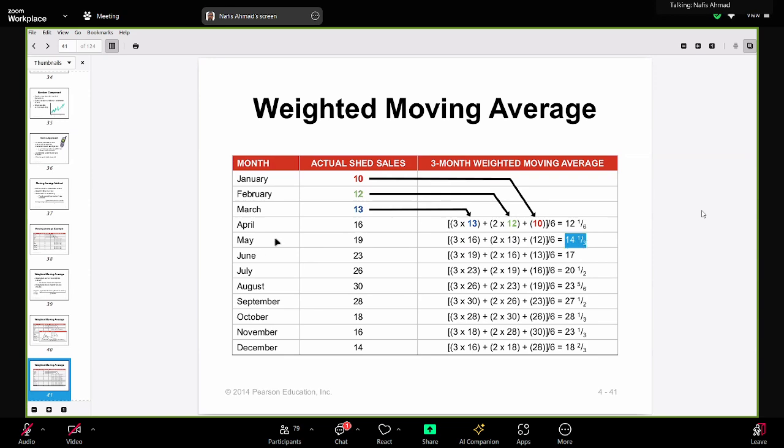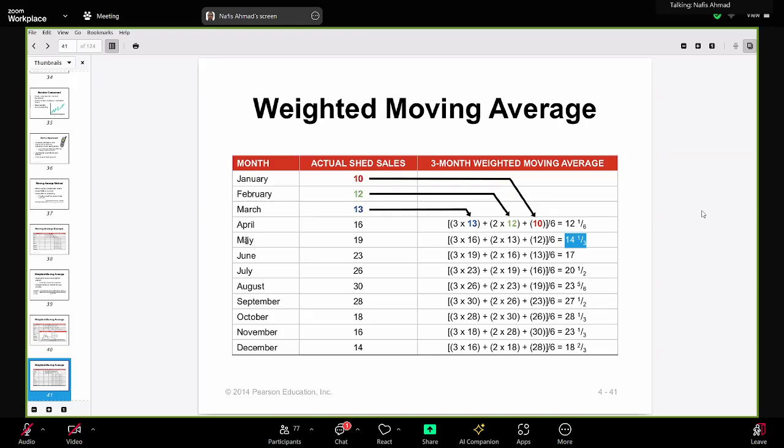In the case of May, we are using 16, 13, and 12, and giving more importance to 16 because we are multiplying 16 by 3. Then we multiply 13 by 2, and we multiply 12 by 1. In this way, we forecasted the demand for the month of May.